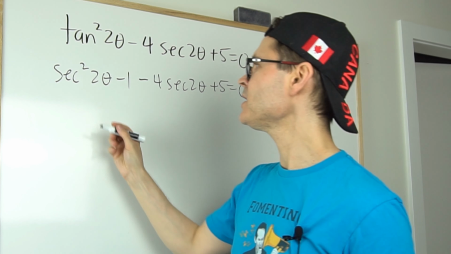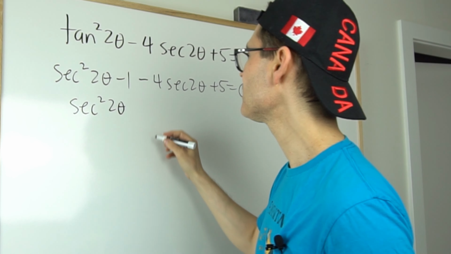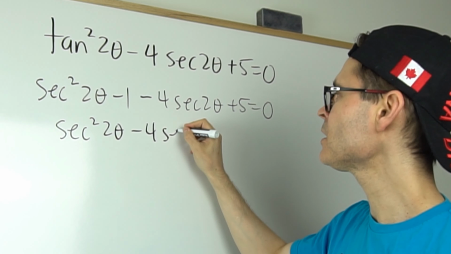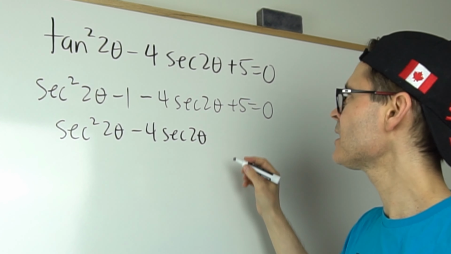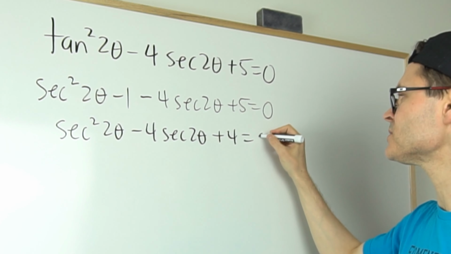All right, so here, secant squared 2 theta minus 4 secant 2 theta, and the negative 1 plus 5 gives me a positive 4 equals 0.